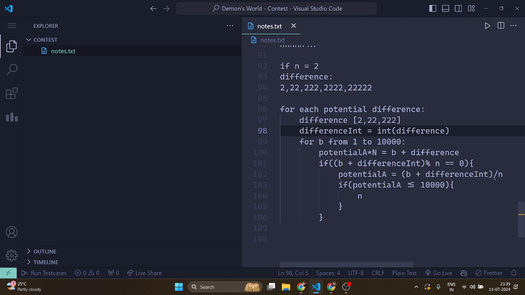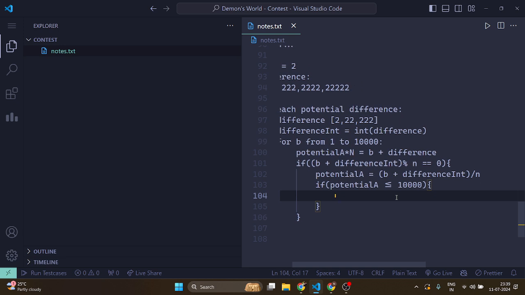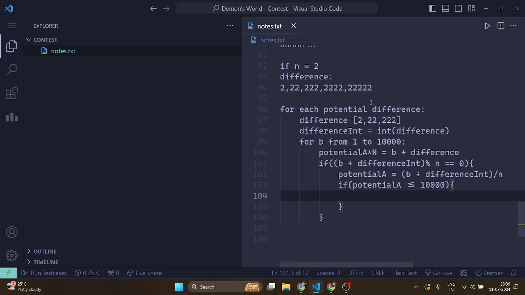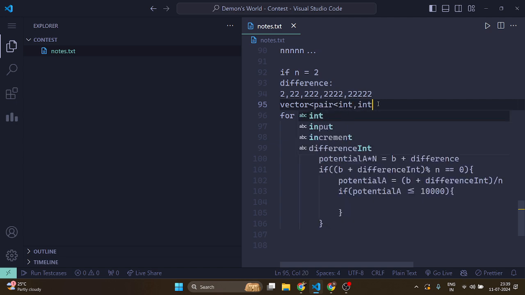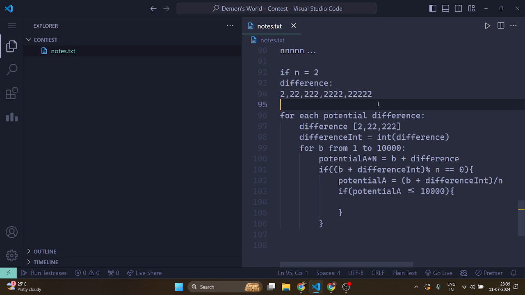If this is satisfied, I'll also make a vector pair array outside to store these values. So if I write the generalized form, there would be an answer where pairs will be present.